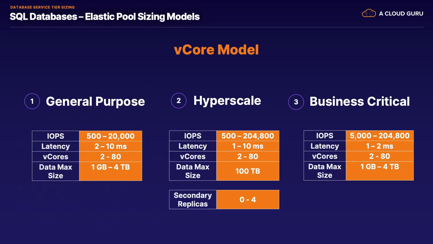The vCore model is also similar to the single database sizing models where we have general purpose, hyperscale, and business critical. You'll also notice that all of the different latency and IOPS, vCore, and data max sizes are exactly the same as in the traditional single database vCore model. The only difference here is whether or not you're applying it to an entire pool or to one specific database.